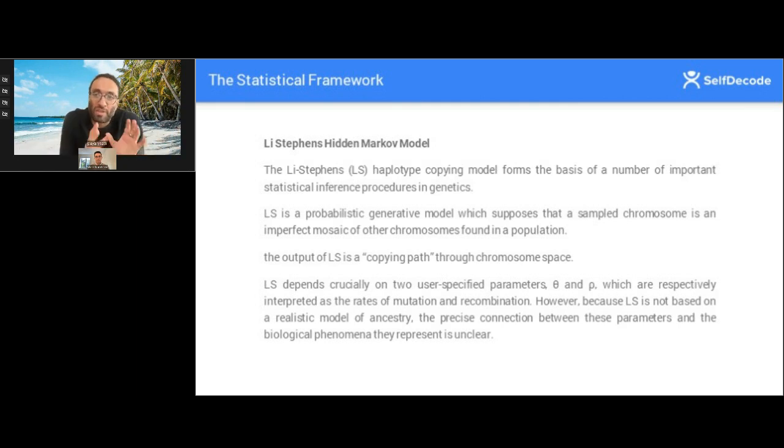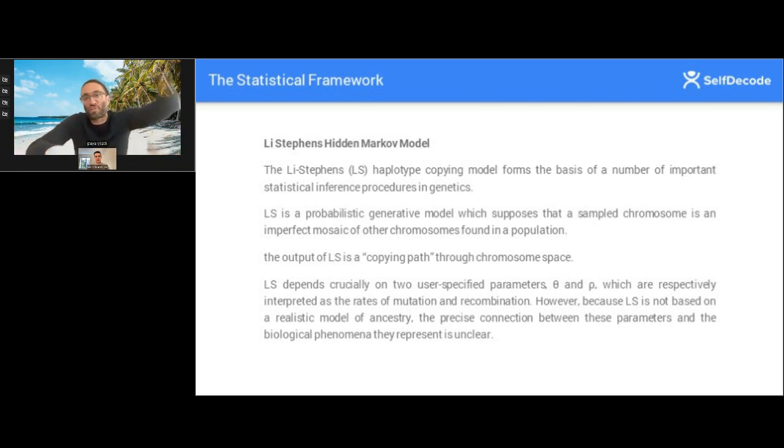So this was a very simple deduction, but it's a very powerful one, because once you make the deduction that you can view someone's chromosome as an imperfect mosaic of other chromosomes found in a population, the idea is, how can we use a statistical model to figure this out? You can think of it as almost like a copying path through chromosome space.